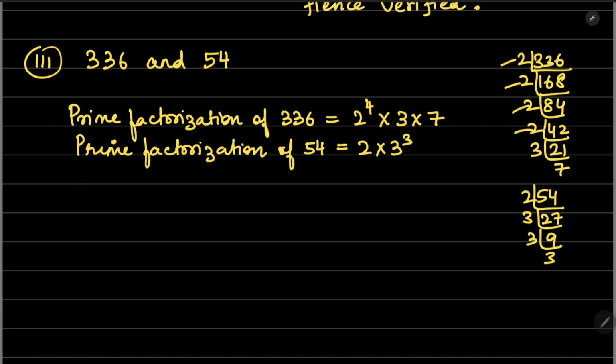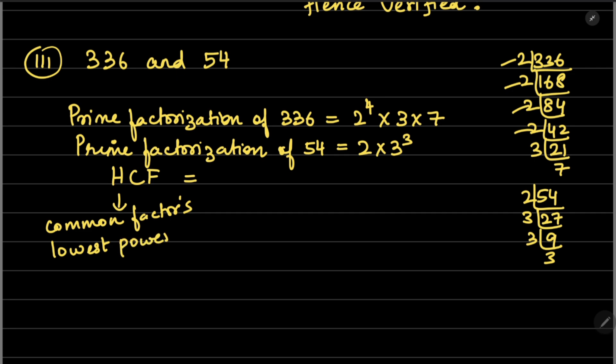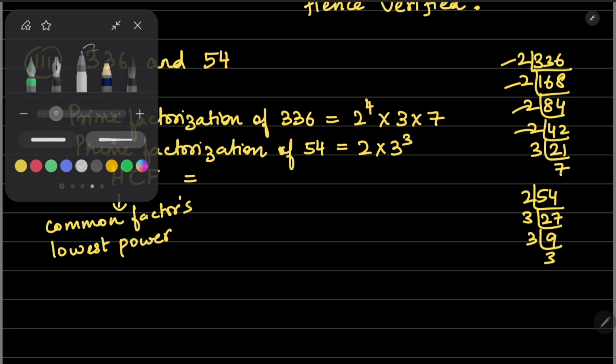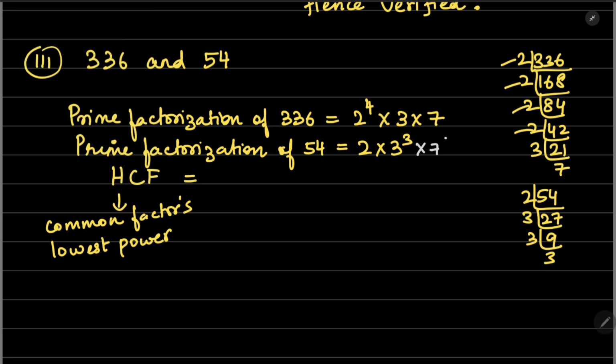So whenever you have HCF, you have to take the common factors with the lowest power. Okay, lowest power. So common factor, so here I will change the color and write here 7 raised to the power 0.